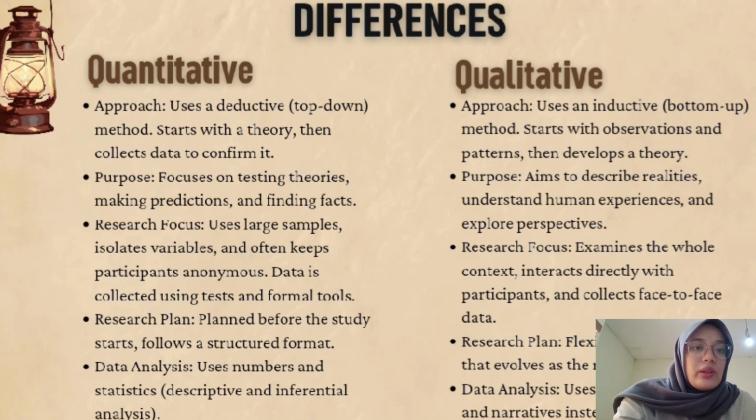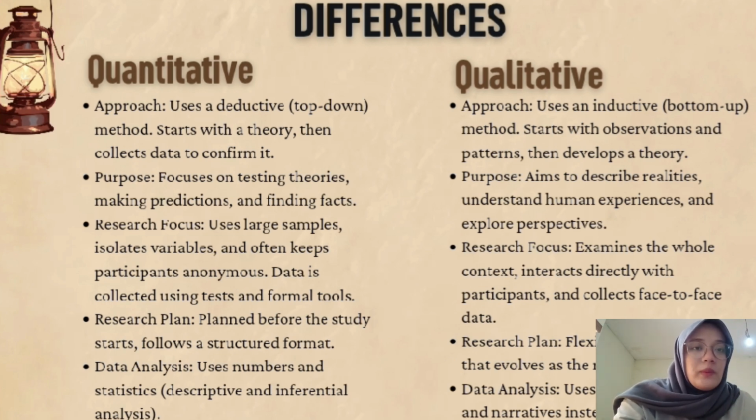And then the next difference is from the purpose. So quantitative is focused on testing theories, making predictions, and finding facts, while qualitative is aimed to describe realities, understand human experiences, and explore perspectives.